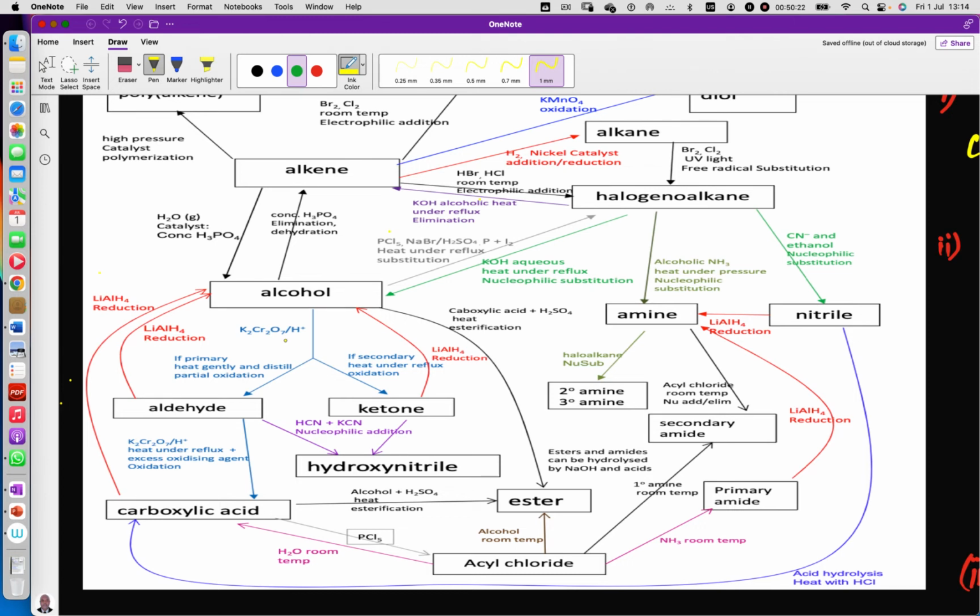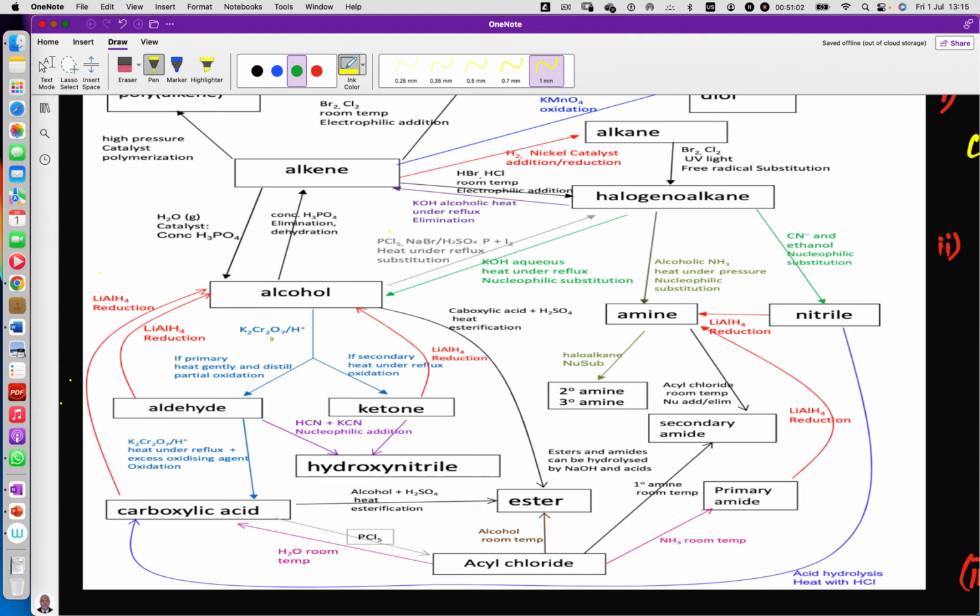Alcohols are oxidized to, it depends on the type of alcohol. Generally, alcohols are oxidized using acidified potassium dichromate 6.